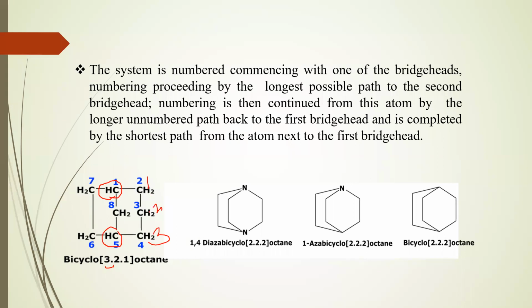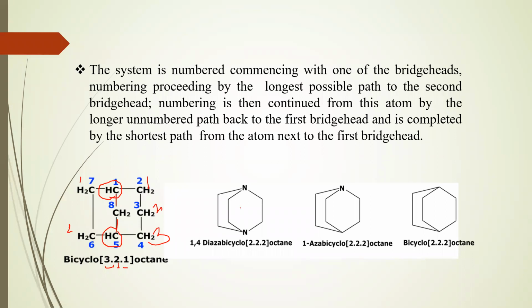Therefore 3 CH2 groups are present. This is the longest route, represented as 3. There is again 1 and 2 in that ring, therefore represented as 2, and there is one CH2 group present between the two ternary carbon atoms, represented as 1. The name of that compound is bicyclo 3,2,1 octane. There are 8 carbon atoms present in that case.